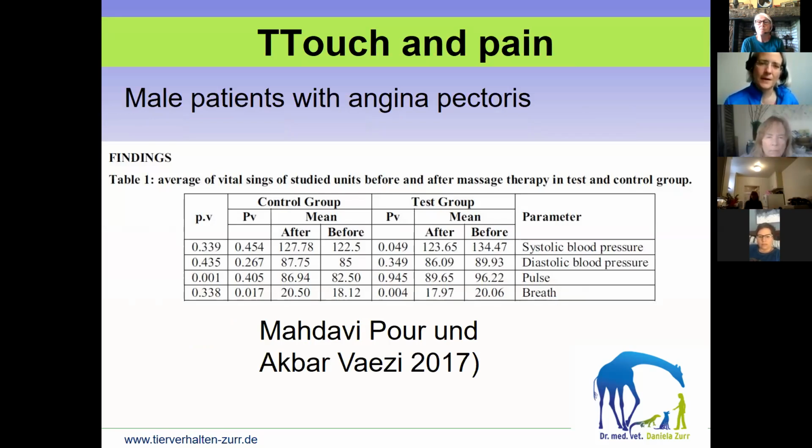This is a research where they did 8 minutes of TTouch in a group of men with angina pectoris, and the angina pectoris was not well controlled, so they still had pain attacks, and one group just got the medications they get in this situation, and one group got the medication plus TTouch.